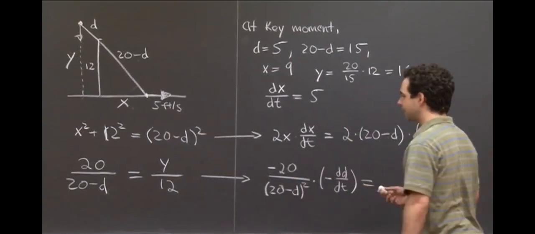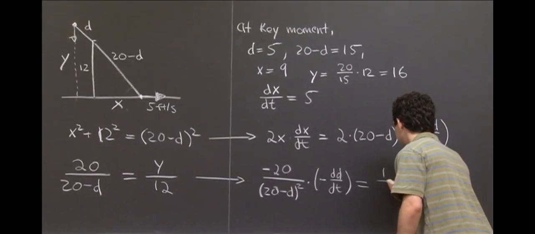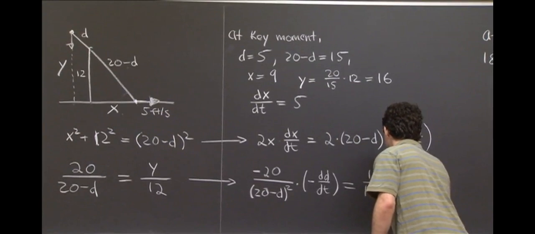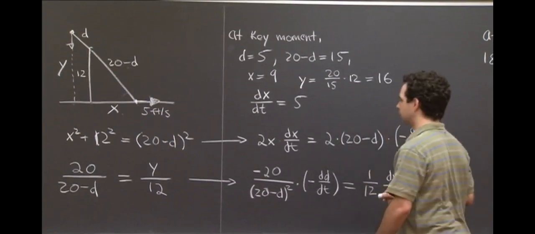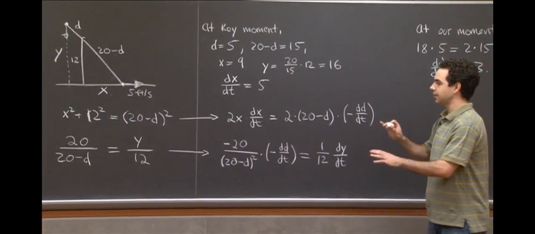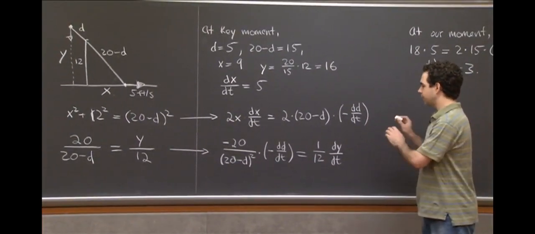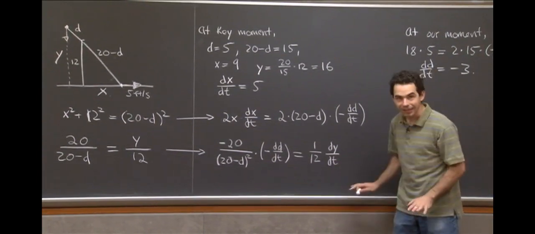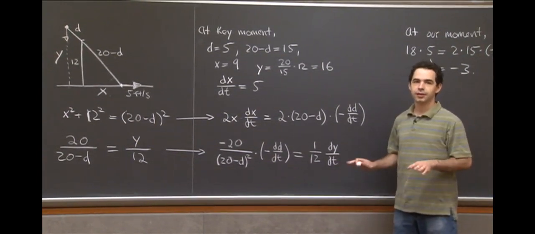And on the right-hand side, I get dy/dt over 12. I take the derivative of this relationship between D and y, and now I have a relationship that involves dy/dt, which is the thing that I'm after.